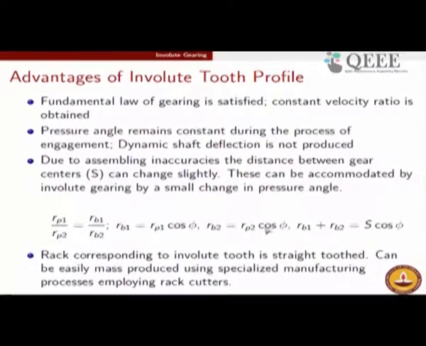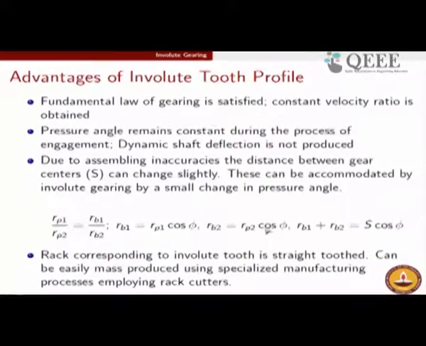So, making a rack cutter available will be very easy in this case as compared to any other case, because the rack cutter associated with the involute tooth profile has only a straight tooth.